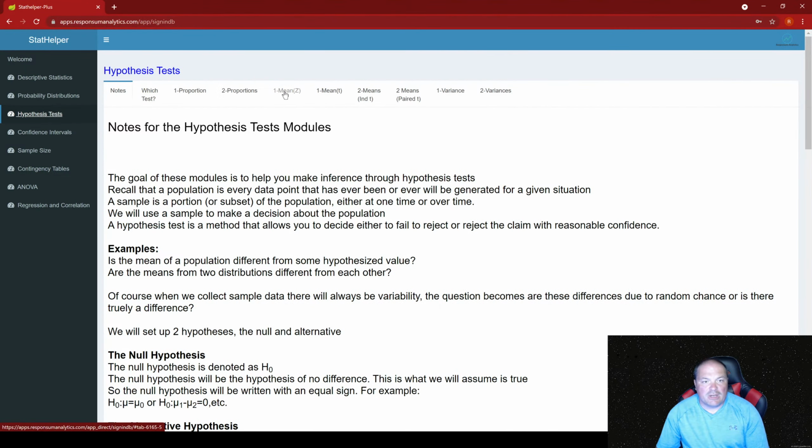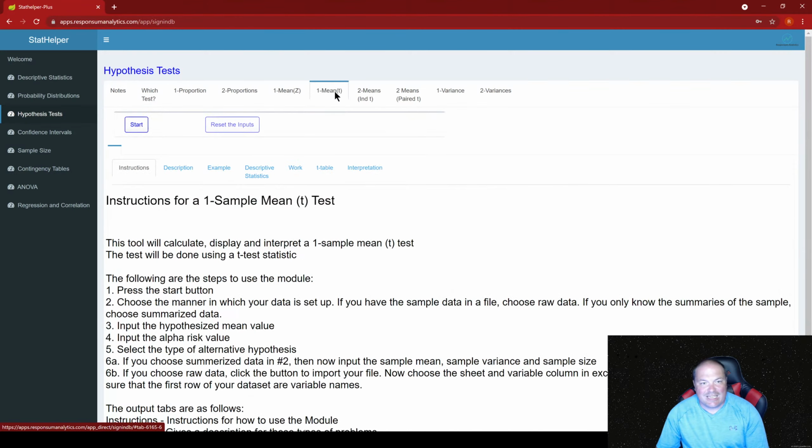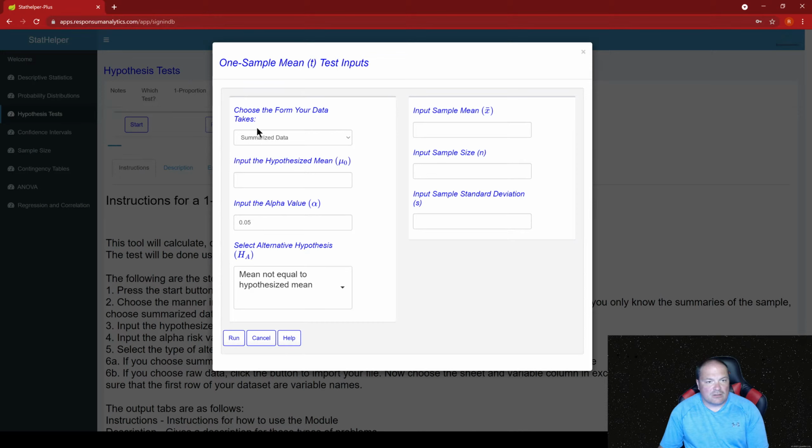Then I'm going to find one mean with t. Notice we have one mean with z as well, but we already showed that it came from a normal, and we know that we don't know the standard deviation. So we're here with one mean t. I'm going to click Start. I'm going to go with raw data.